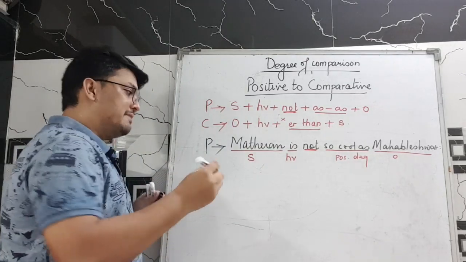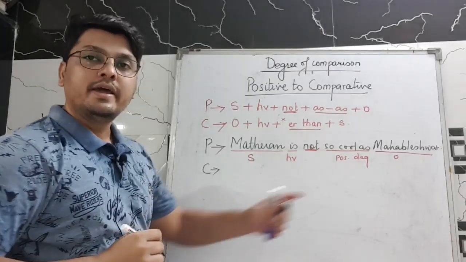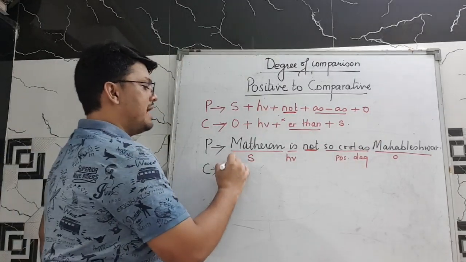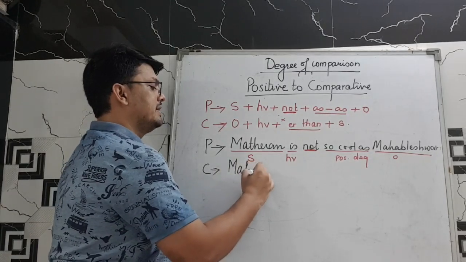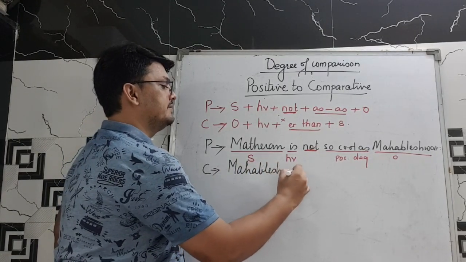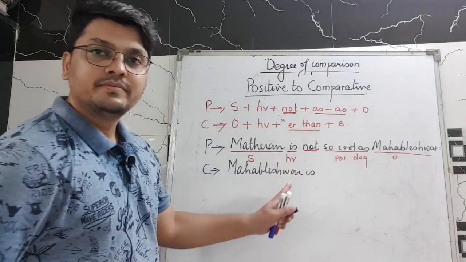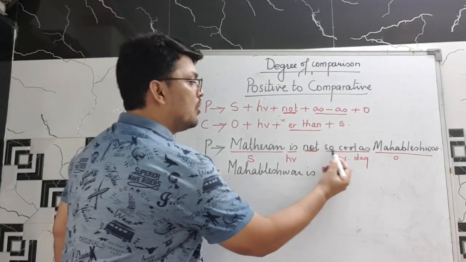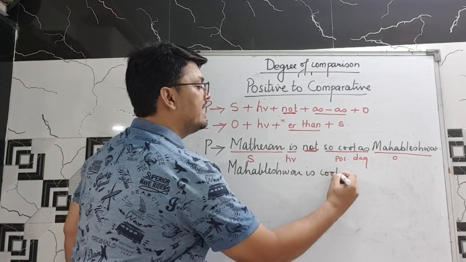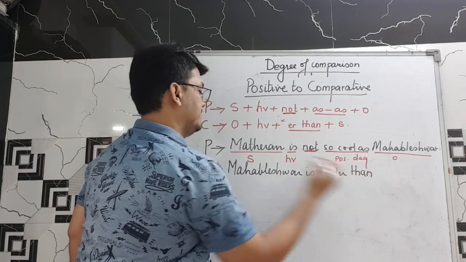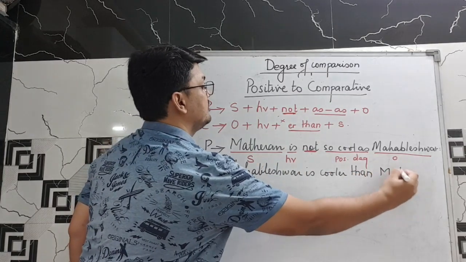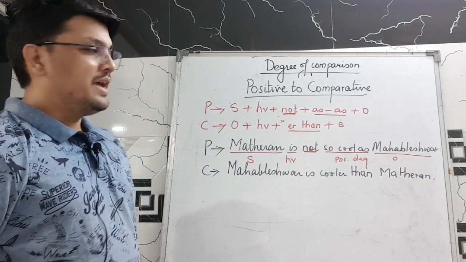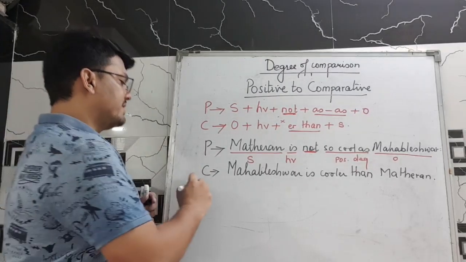The rule will be the same, student. Mahabaleshwar will take the subject's place. So Mahabaleshwar is. Now here there is not already. Do not put not here. So cool as will turn into cooler than. Put Matheran over here. So Mahabaleshwar is cooler than Matheran. Okay. Let's take one more example.